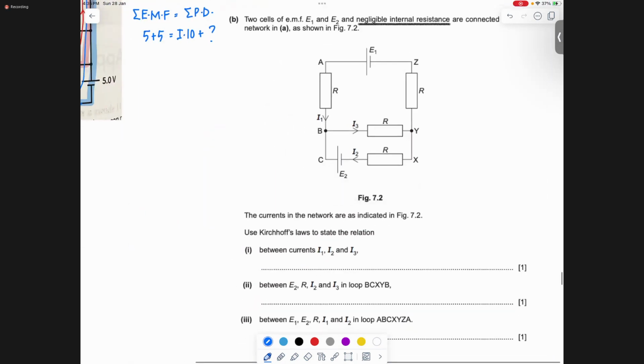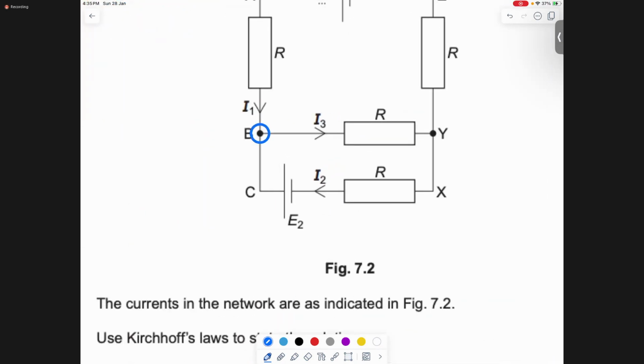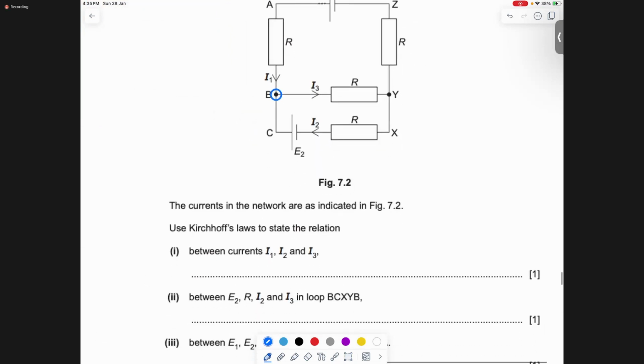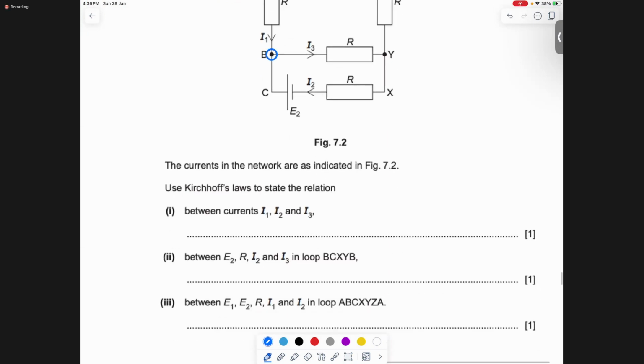So what's the relationship between I1, I2, and I3? It's best to do it with this junction. What will it be? I1 plus I2 is equal to I3.